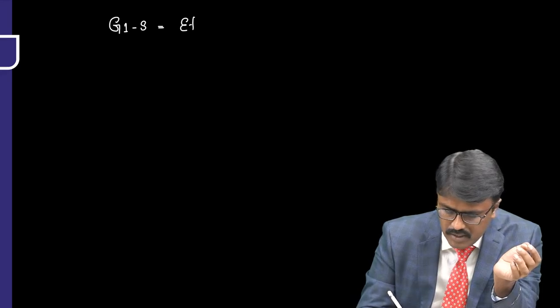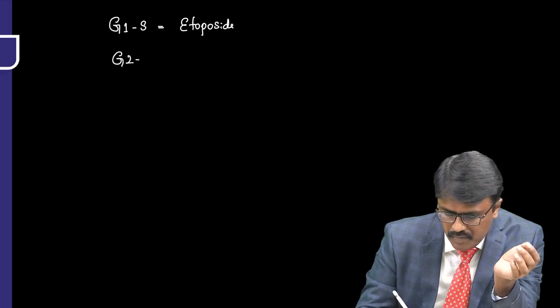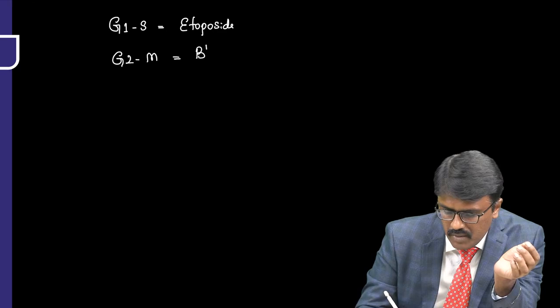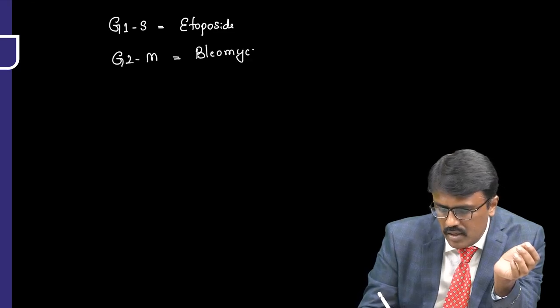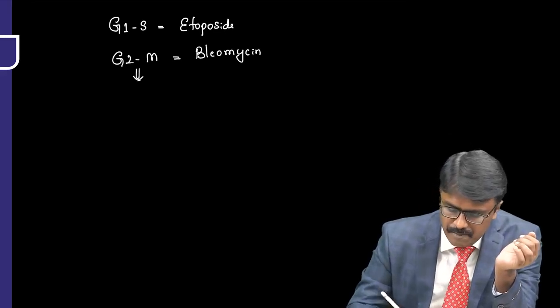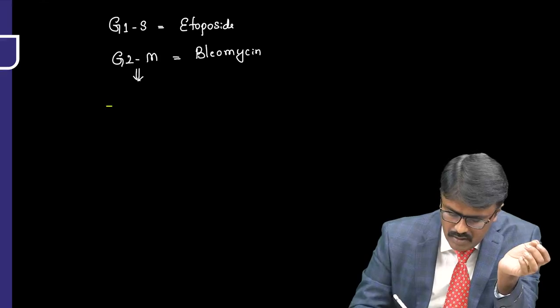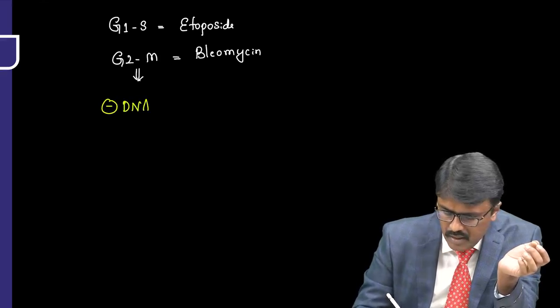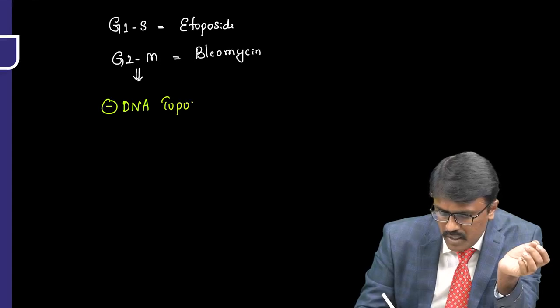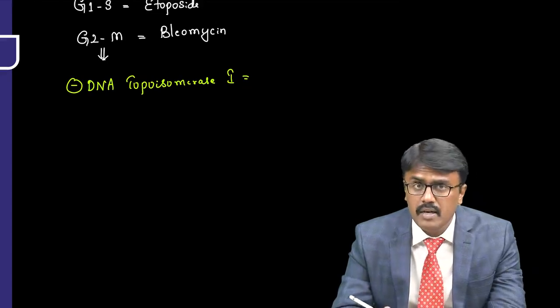Now the drug which is G1S is called etoposide. And what is G2M? For G2M, we have a drug by the name bleomycin, which we discussed already in anti-cancer antibiotics. Then other drugs which are G2M specific are inhibitors of DNA topoisomerase 1.